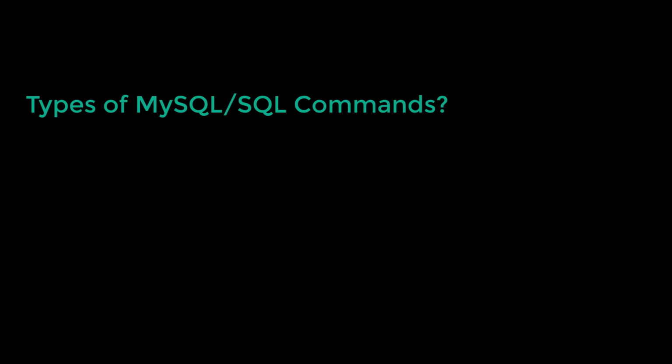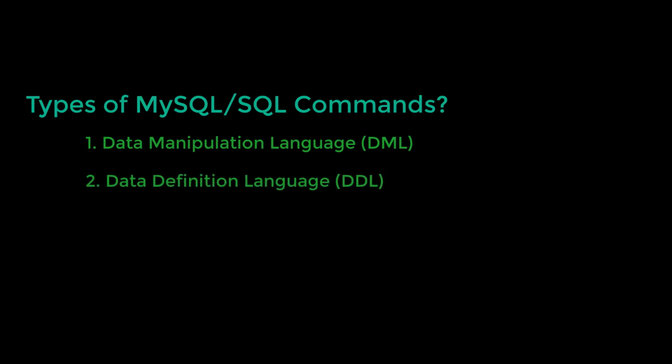Now, types of MySQL and SQL commands. SQL commands are classified in 5 categories. Number 1, data manipulation language, that is DML. Second, data definition language, that is DDL. Third, transaction control language, that is TCL.